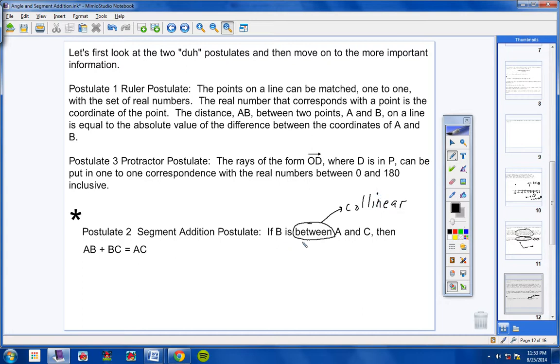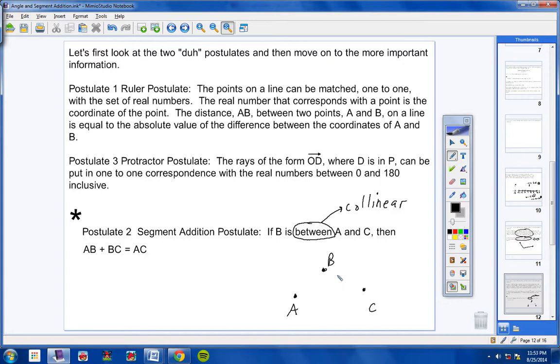Listen, if I told you B is between A and C, now watch, just don't take notes, just watch this. Here's A, here's C. If I put B up here, in our English language, we would say that B is between A and C. You would say, well, here's A, here's C, and B is in between them.